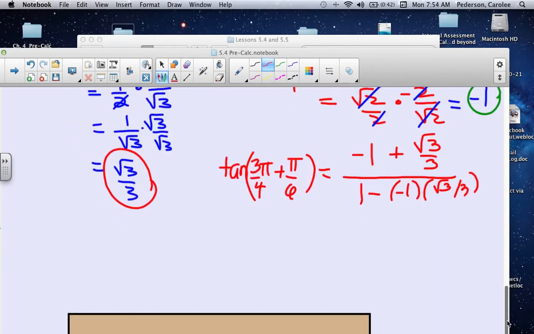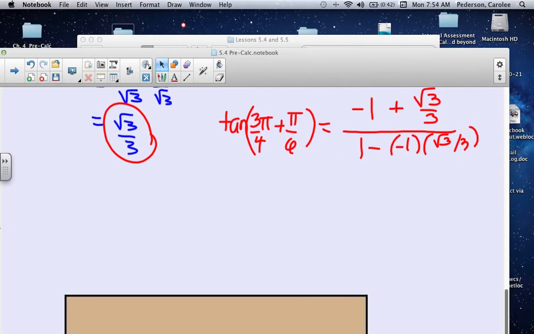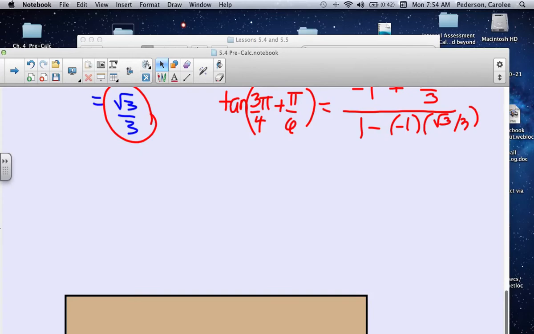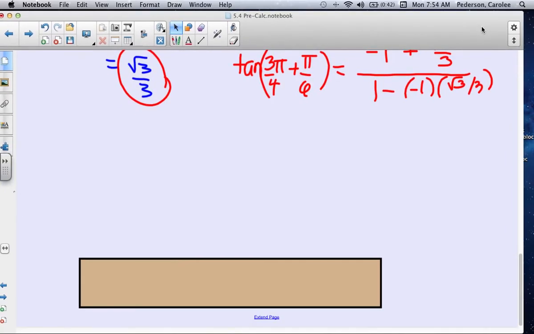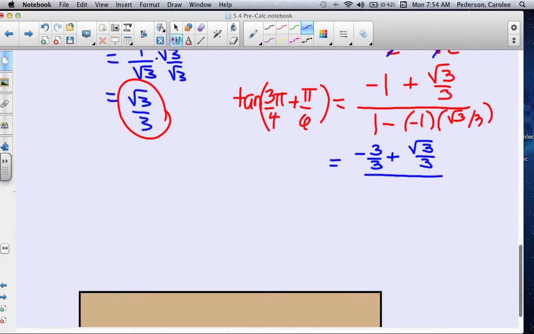Now we have some reducing to do. All right, so in that numerator, I'm going to change that -1 to -3 over 3 so I can combine those two fractions together.